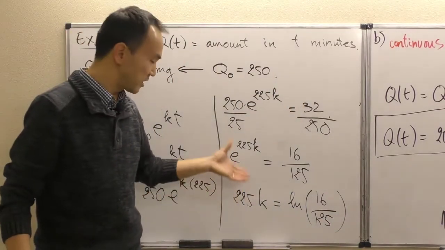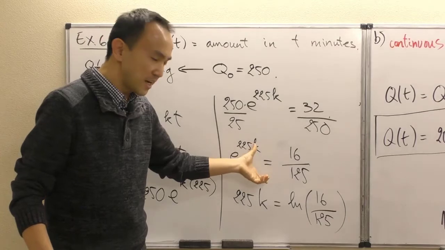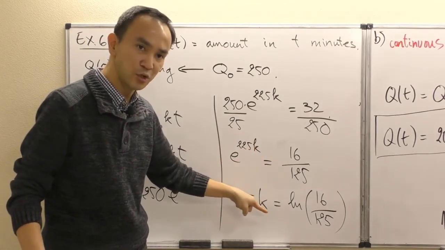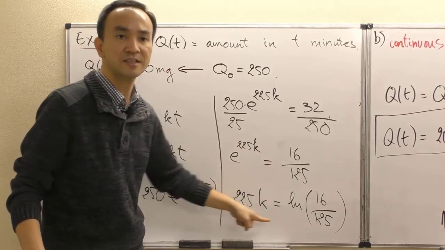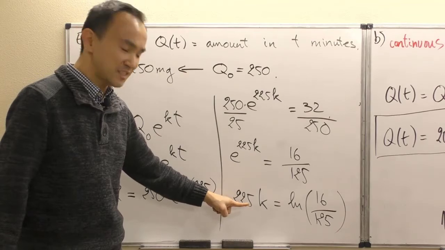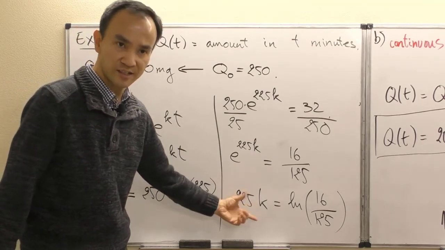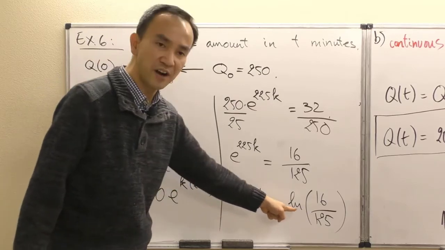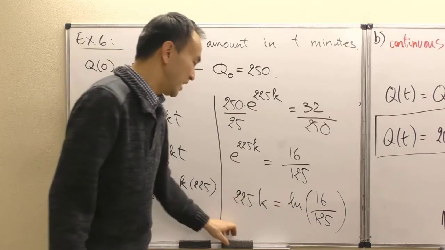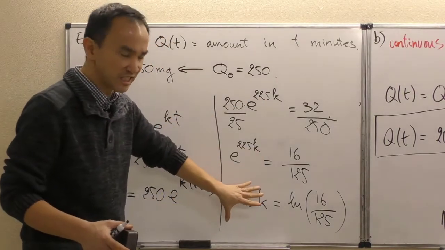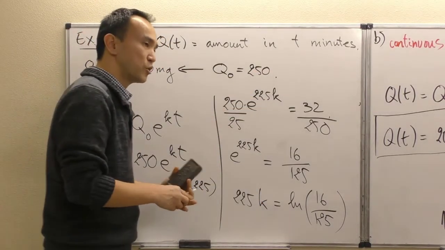We simply rewrite this equation currently in exponential form into the new equation in logarithmic form. The advantage of doing this is that the variable is now a linear term, and we can just divide both sides by 225, and that will get us the answer. Allow me to continue my work on the next board space.